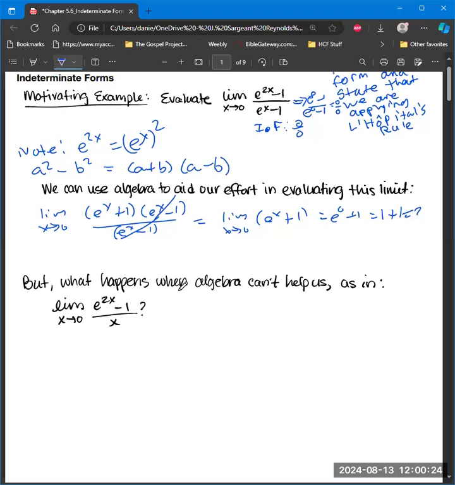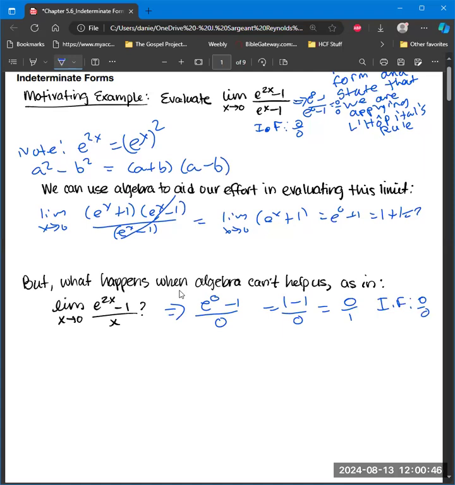What happens when algebra can't help us, as in this example down here? I'm going to try direct substitution again. This is e to the 0 minus 1 over 0, so 1 minus 1 over 0 is 0 over 0, which is an indeterminate form of 0 over 0.